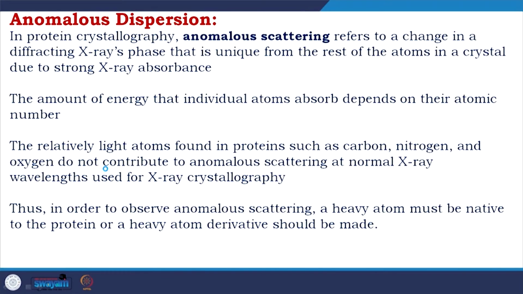So, you need a heavy atom, a metal again. In order to observe anomalous scattering, a heavy atom must be native to the protein or a heavy atom derivative should be made. So, what is native? There are some proteins which are called metalloproteins.